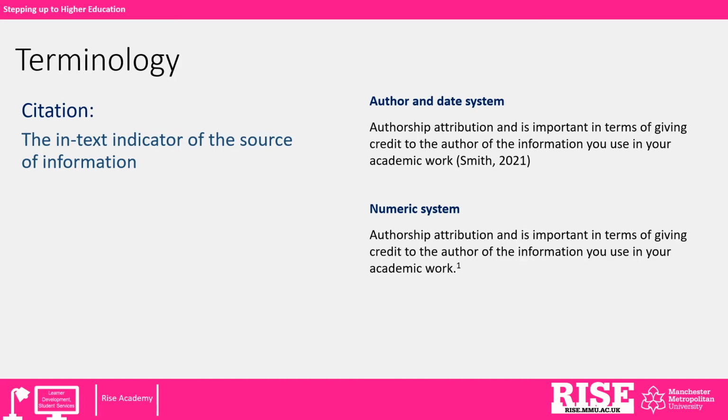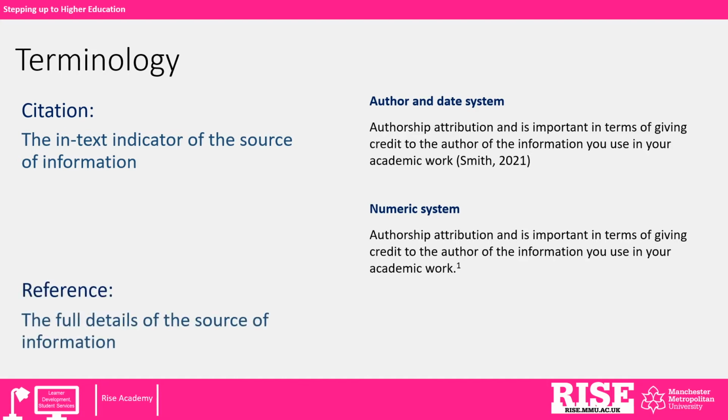Referencing styles that use a numeric system include MHRA and Oscola. Numeric systems also often use a corresponding numbered footnote, as well as a corresponding reference. All referencing styles will require you to enter a reference with the full details of the source at the end of your work.